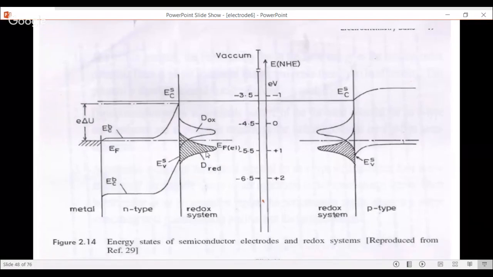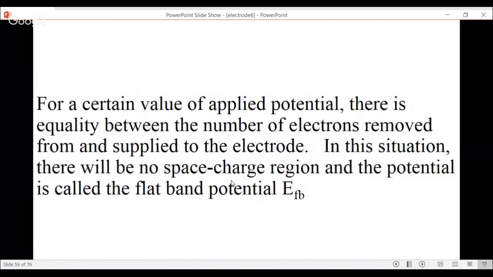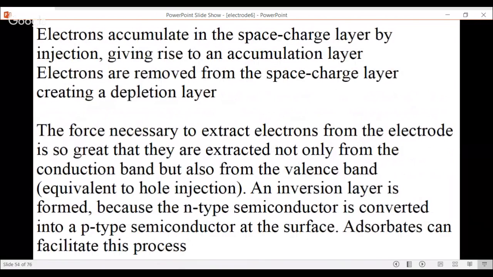Electrons are injected from here, holes are injected from here. An inversion layer is formed because the n-type semiconductor is converted into a p-type semiconductor at the surface.